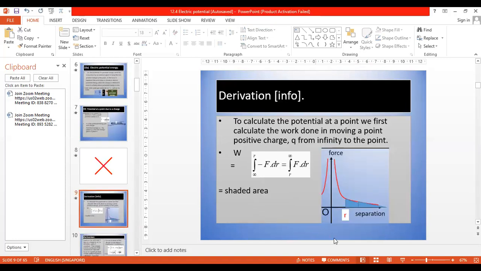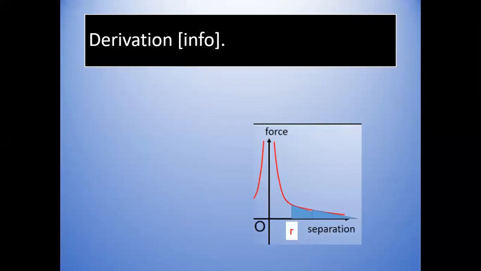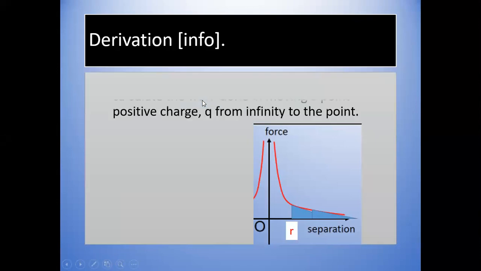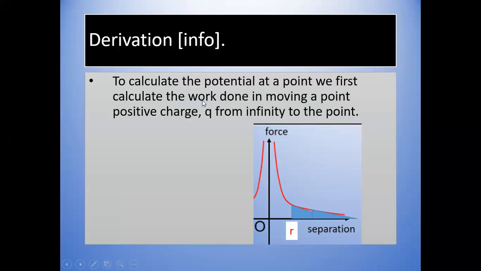Okay, let's go to the next slide. So in our derivation, we first of all have to calculate the potential at a point. We first calculate the work done in moving the positive charge Q from infinity to the point.